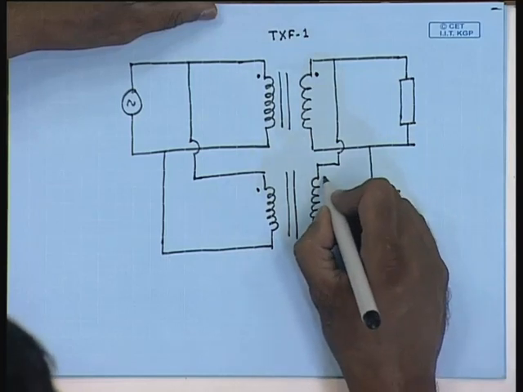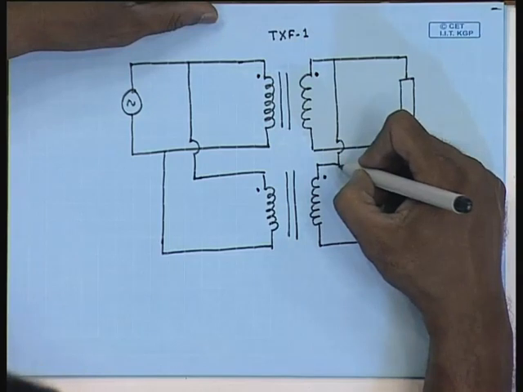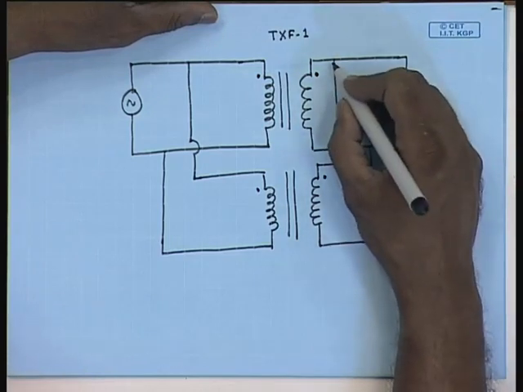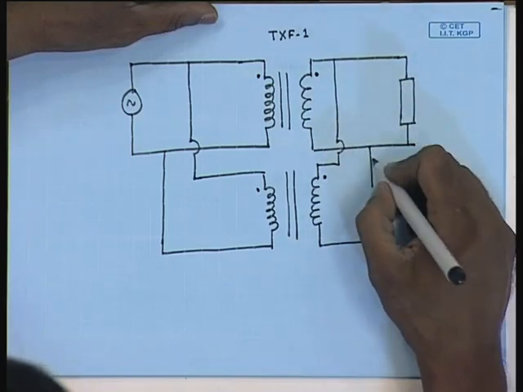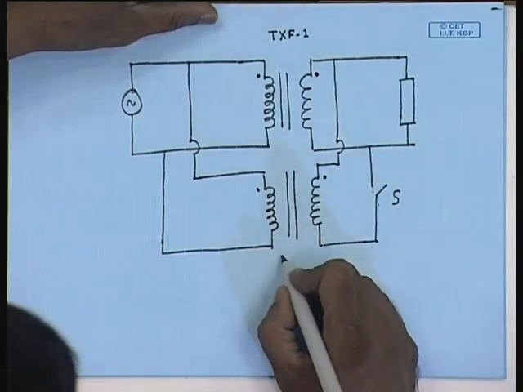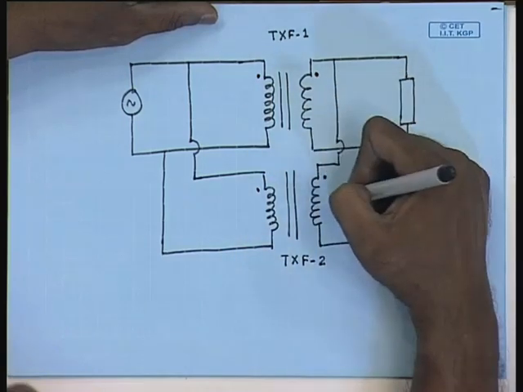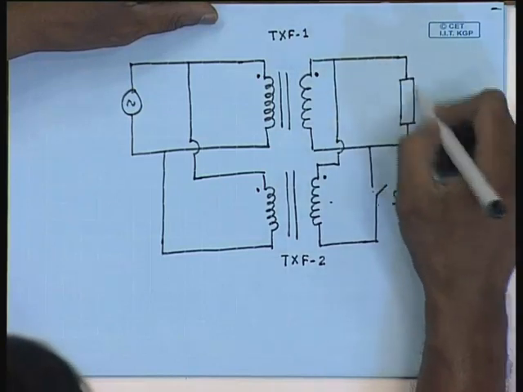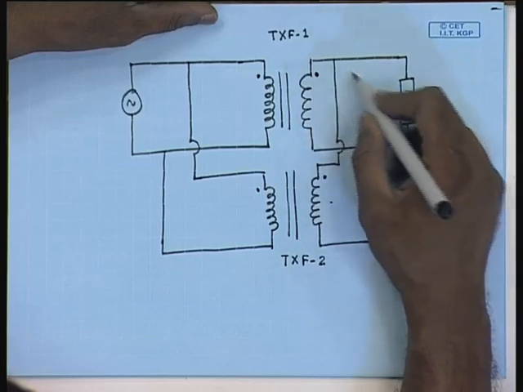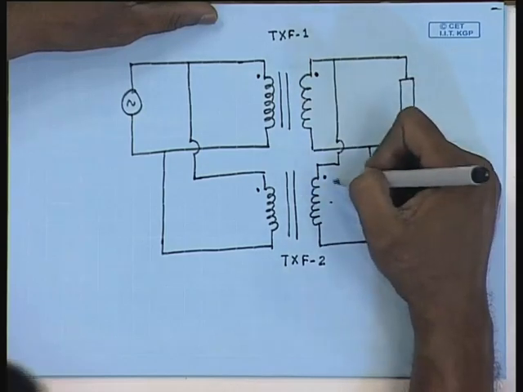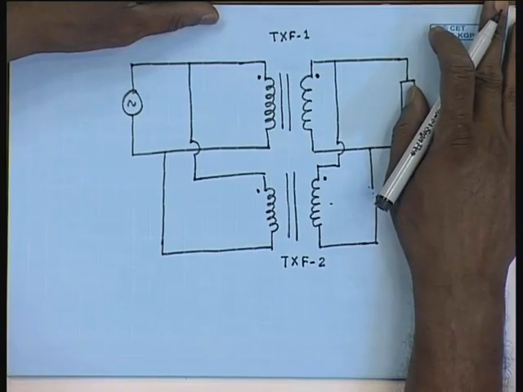Then the instantaneous positive terminal of the second transformer must be connected to the instantaneous positive terminal of the first transformer and the other terminal should be connected like this. If not, if this polarity is reversed, then even without the load, once the switch S is closed, there will be a short circuit through the transformer windings and a very large current will flow. So this should be protected against.